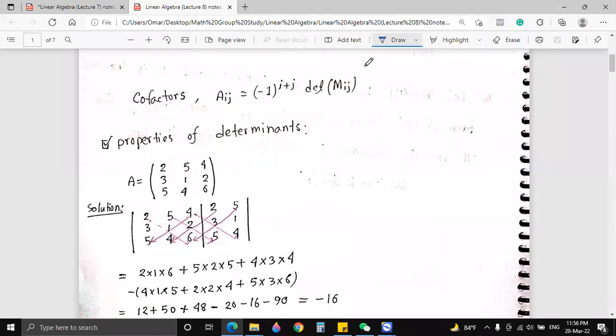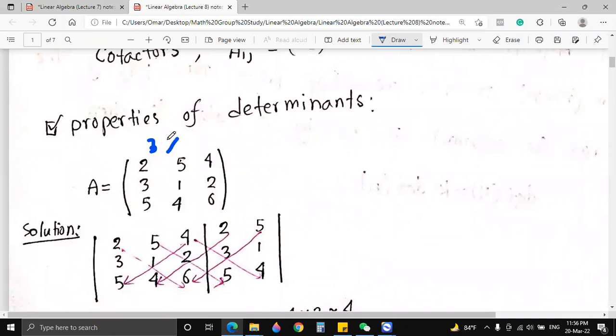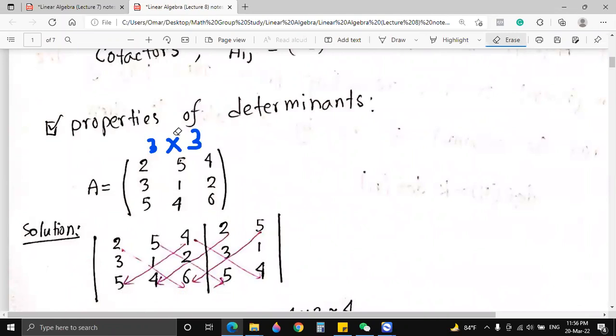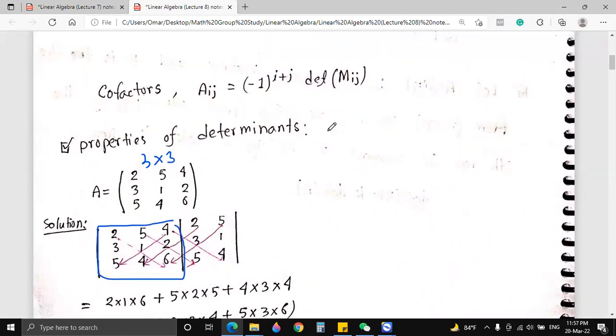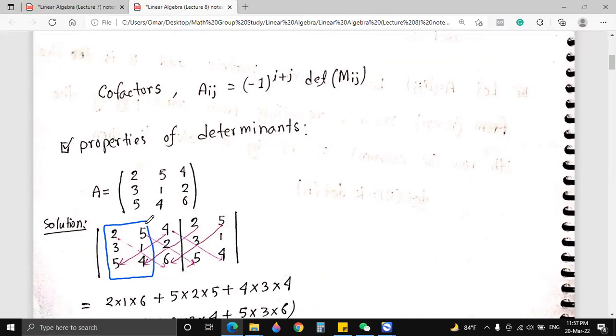So here is a 3 by 3 matrix, right? We just need to write down this matrix here, and then copy our first and second column here.